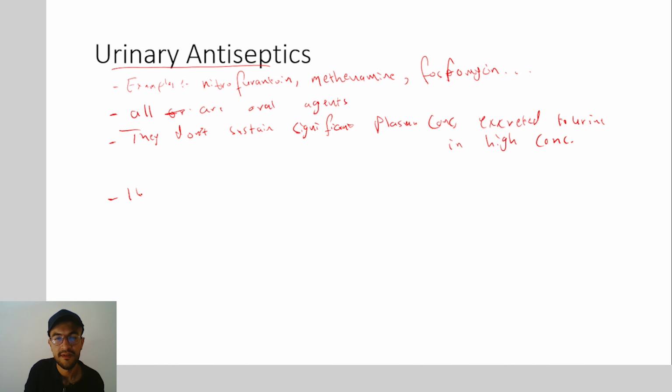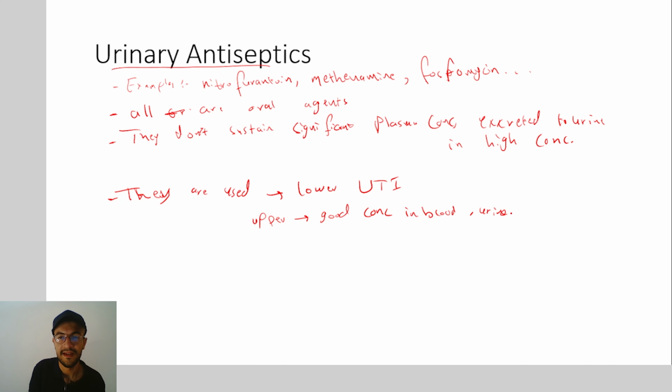They are used only in treating lower UTIs, since the upper UTI requires antibiotics that have good concentrations in blood and urine, and the urinary antiseptics have good concentrations in urine only. So the upper UTI, they can't treat.